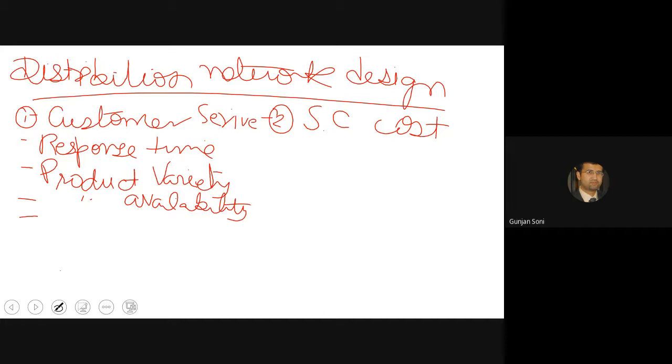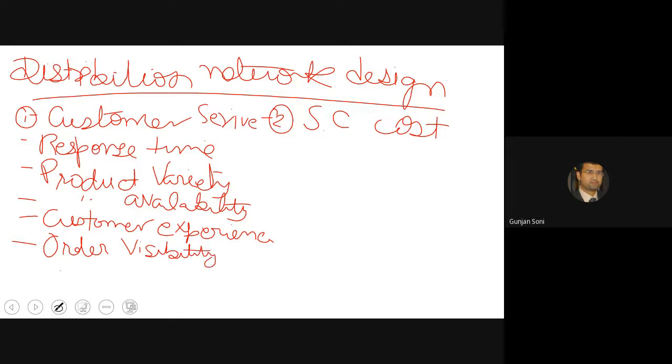The fourth one is customer experience. Fifth one is order visibility. And the sixth one is returnability of the product. So these are some main aspects of customer service.